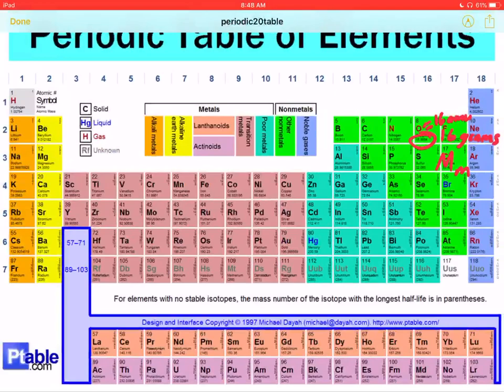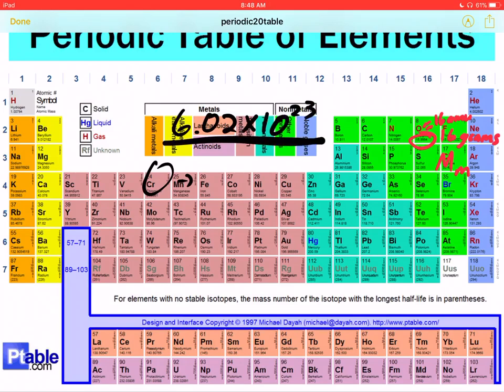In other words, maybe we should actually write that out here. For O, oxygen, to get 6.02 times 10 to the 23rd atoms, you would just need 16 grams. But for O2, that's a molecule, two oxygens joined together, you would need 32 grams.